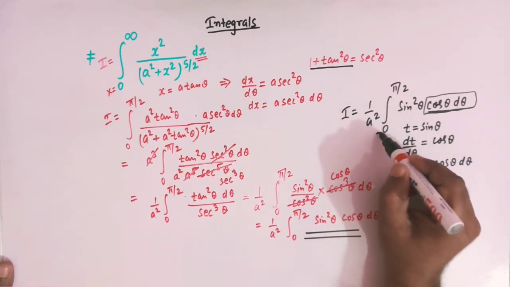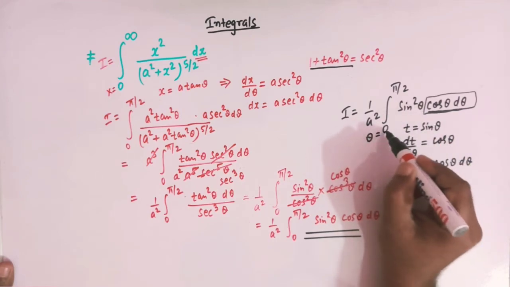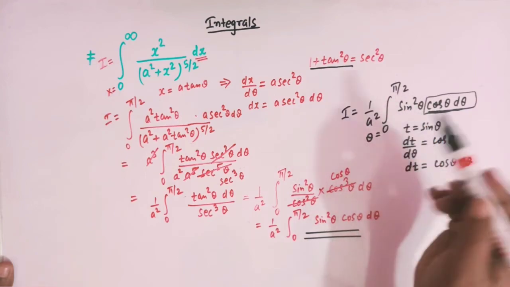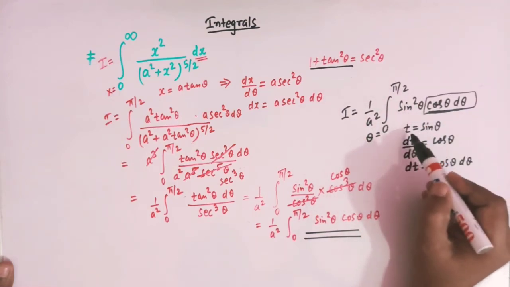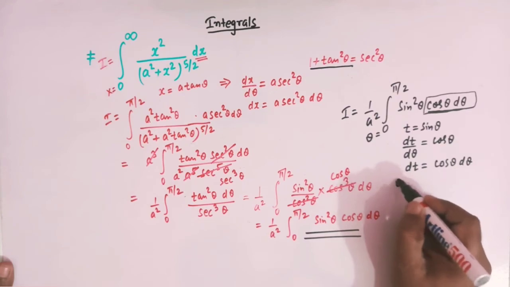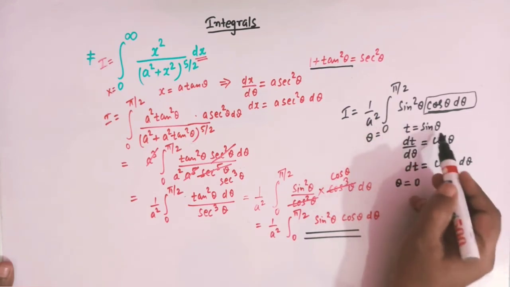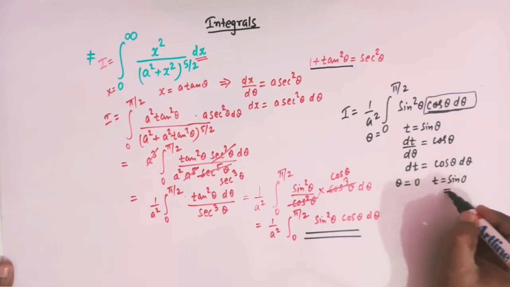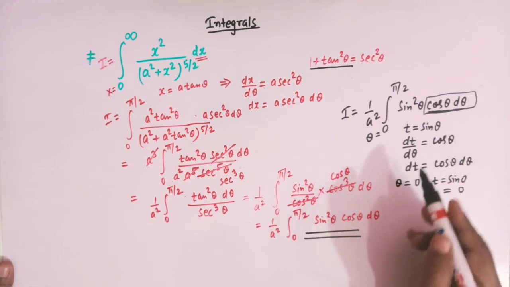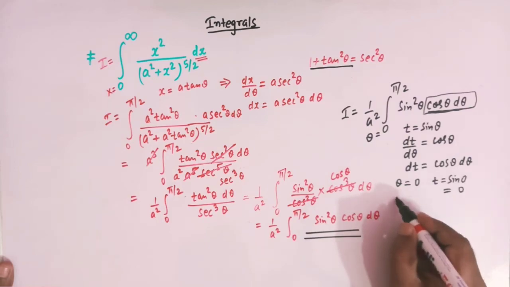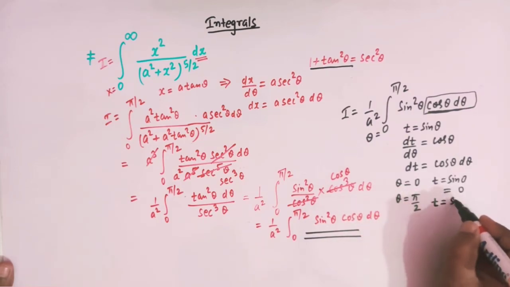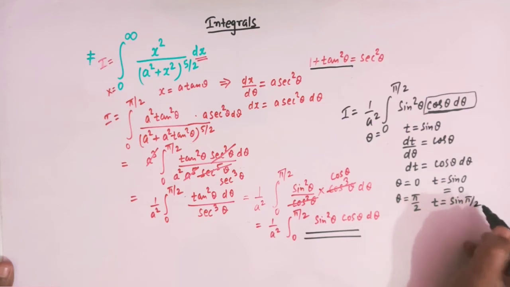Now here see, theta varies from 0 to pi by 2, right? So let us change the limits again in terms of t. So see, when theta is 0, then t is equal to sine of 0, that is 0, and when theta is pi by 2, then t is equal to sine of pi by 2, right?